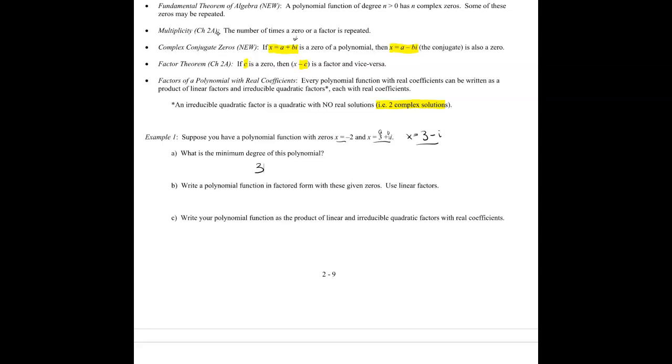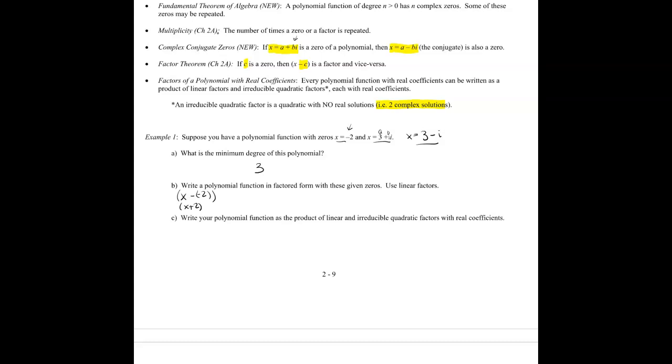Alright, and if that doesn't make too much sense, let's go back to putting things in factored form. If c is a 0, and for this case c is -2, then x minus -2 is a factor. That would just be x plus 2.